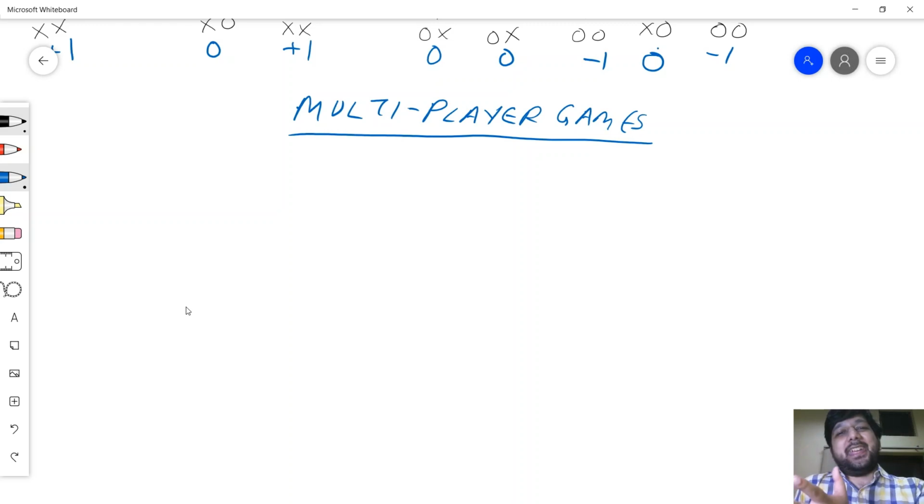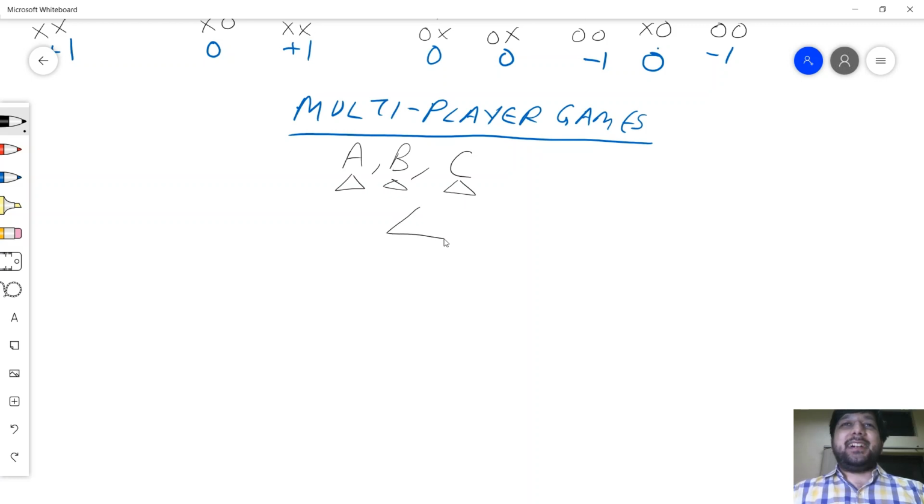There will be a score for A, a score for B, a score for C. Yes, they could be zero sum. Each one of them will get a score and each will try to maximize their own score, so there's nothing like Max and Min. Let's call the players as usual A, B, and C, and let's keep 3 players only, and let all of them be denoted by the same sign.